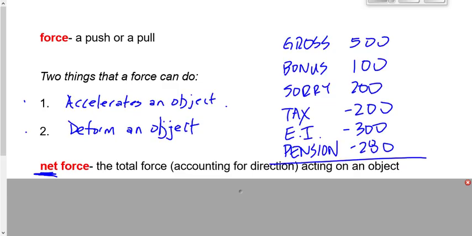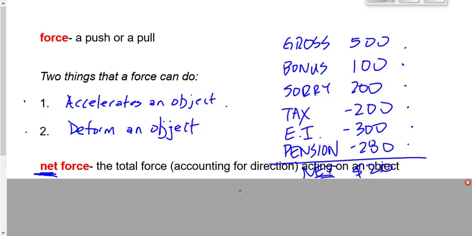Now, what's my net salary? What's my net salary? My total salary at the end of the month? 500 plus 100 plus 200 plus negative 200 plus negative 300 plus negative 280 gives me $20.